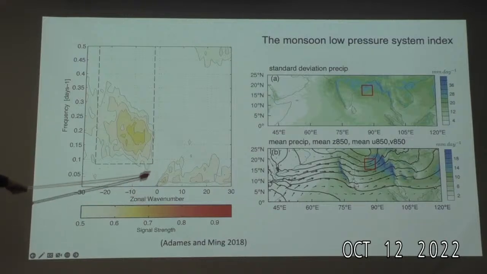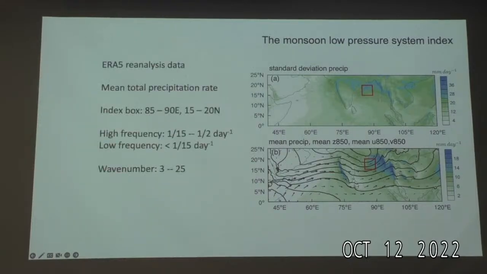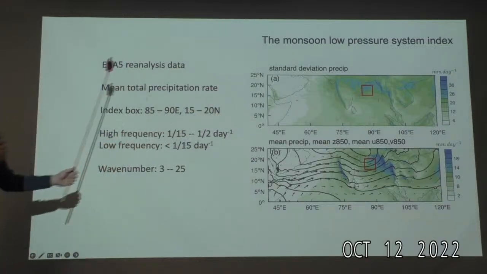So it's 3 to 25, and this is 1/15 to 1/2. Our dataset is from ERA5 reanalysis data, and the precipitation panel is what I'm going to introduce.